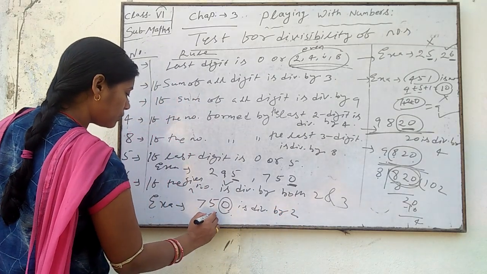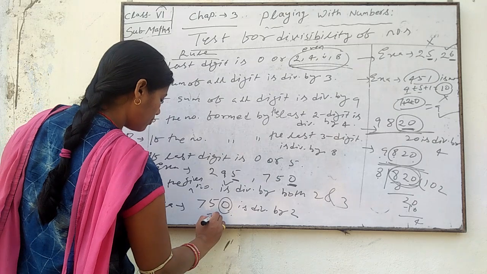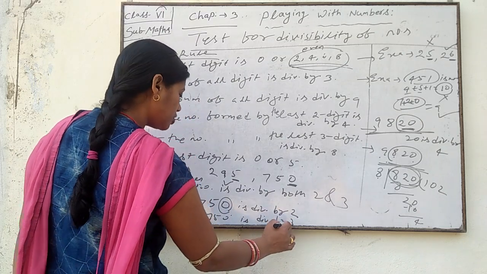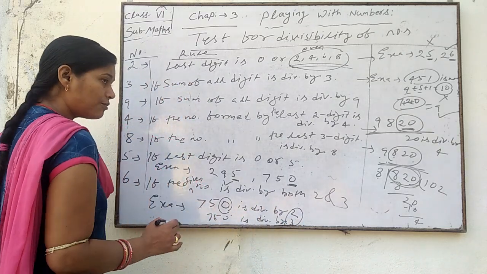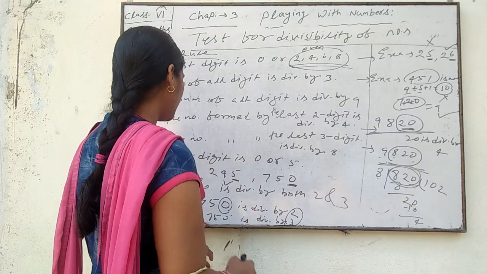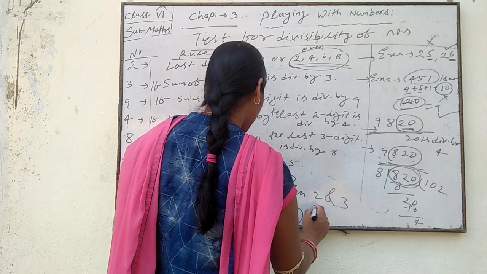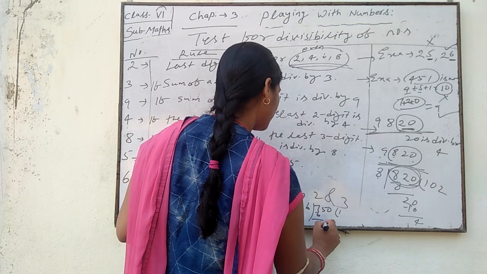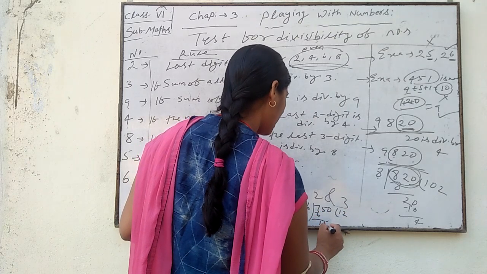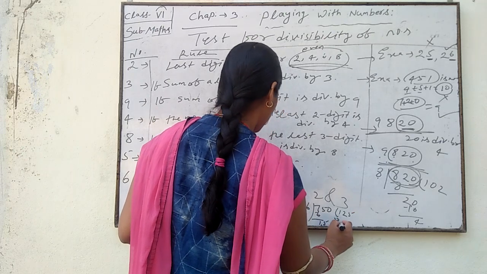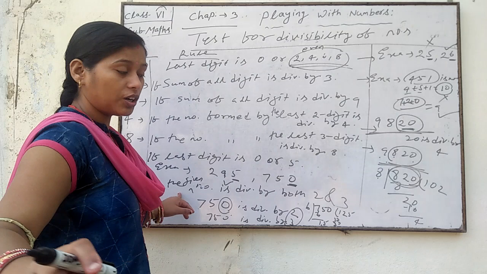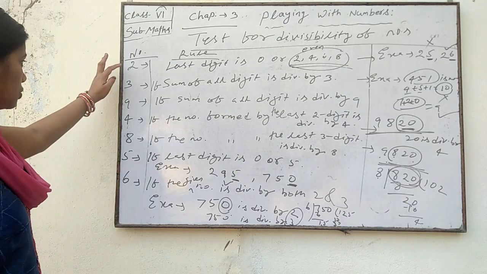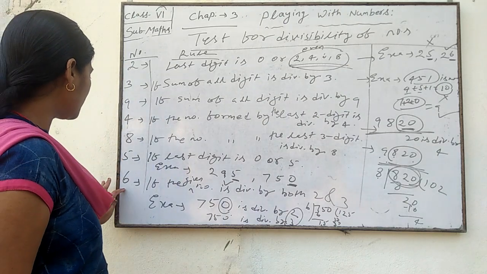Now you add 7 plus 5, 12, plus 0, 12, and 750 is divisible by 3. It means it is divisible by both 2 and 3, so 750 is also divisible by 6. You can verify it by long division: 6 1s are 6, 15 minus 6, 6 2s are 12, and 3, 0, 6 5s are 30. So the rule is, if the given number is divisible by both 2 and 3, then the number is divisible by 6.